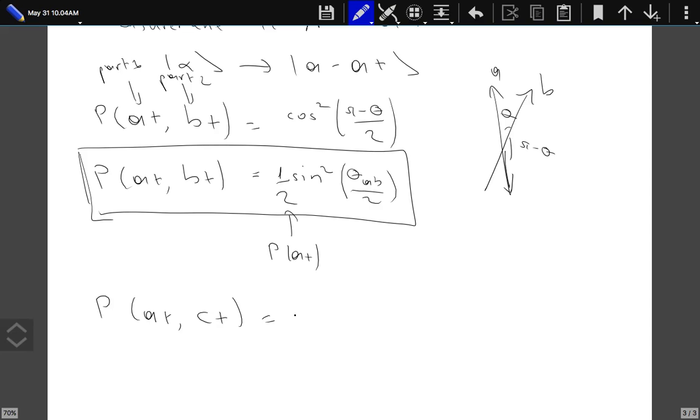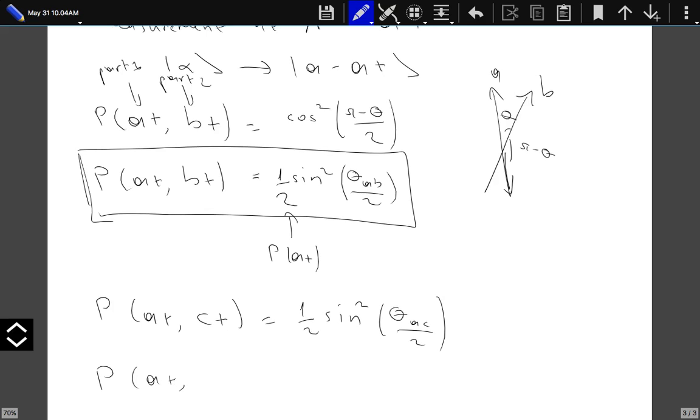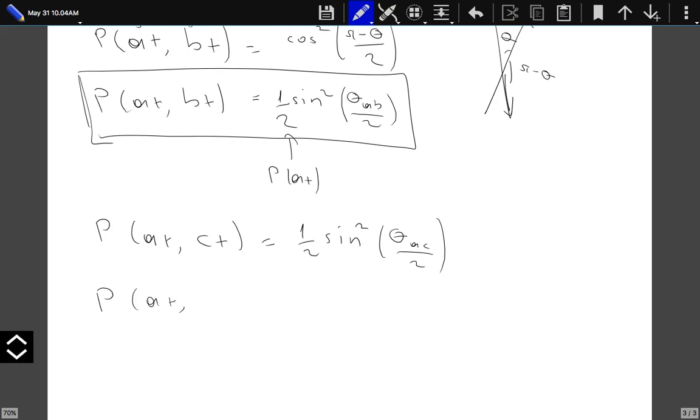This will be 1/2 sine squared AC over 2, and then probability of a plus. Now hold on, I'm probably making some mistake.